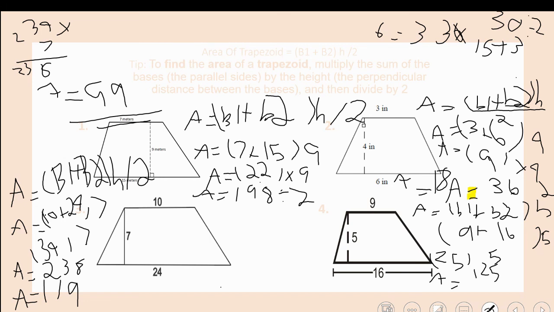Now, we cannot end this video without dividing it by 2.